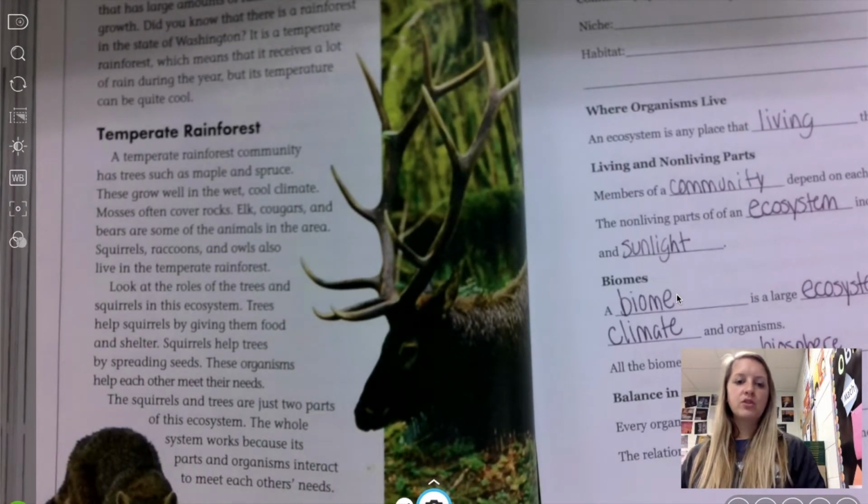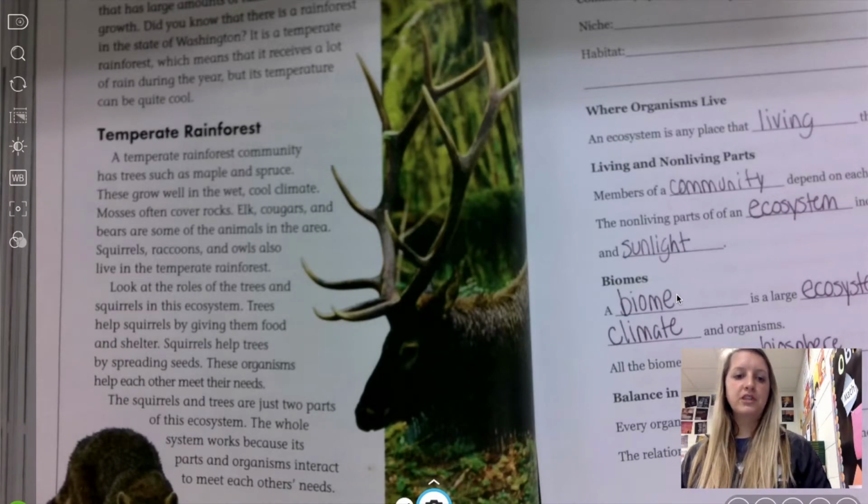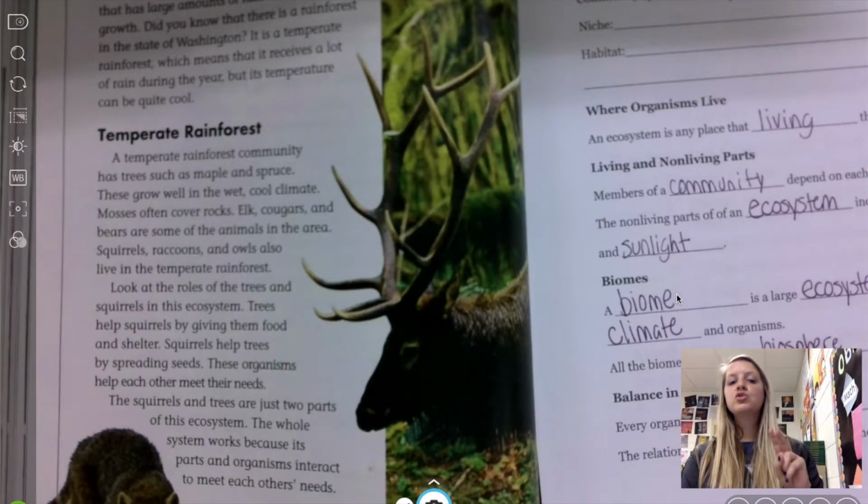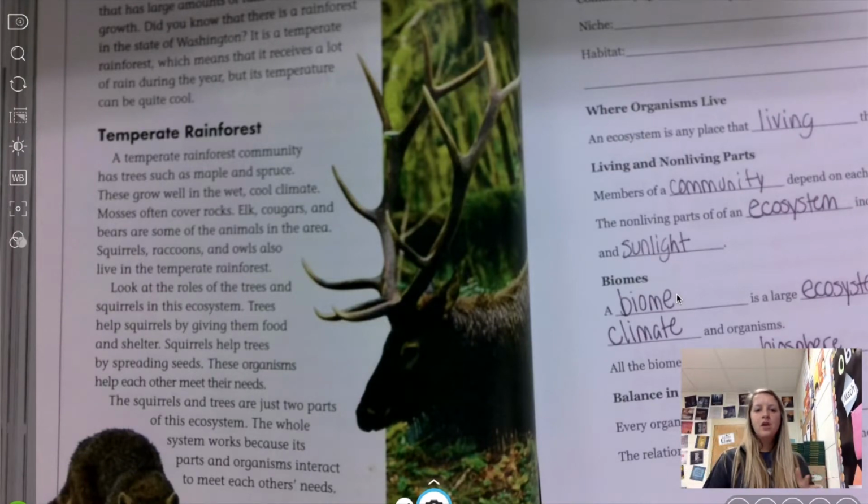Trees help squirrels by giving them food and shelter. Squirrels help trees by spreading seeds. These organisms help each other meet their needs. The squirrels and trees are just two parts of this ecosystem. The whole system works because its parts and organisms interact to meet each other's needs.